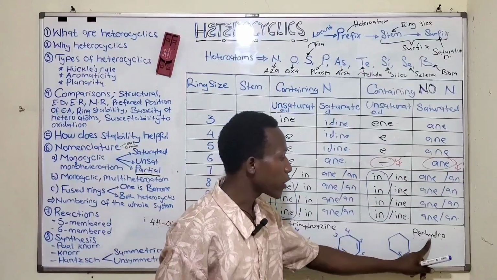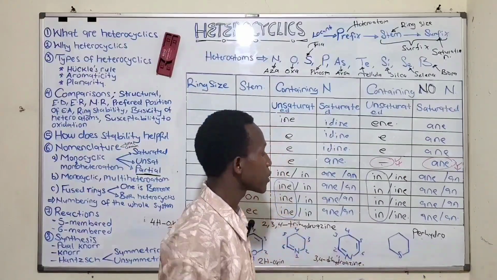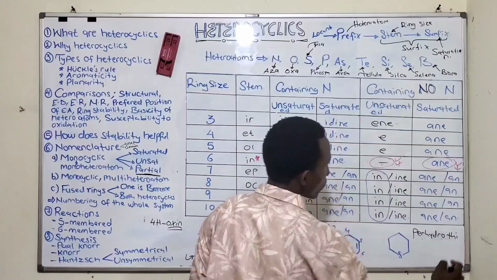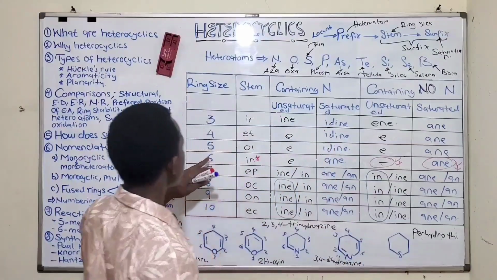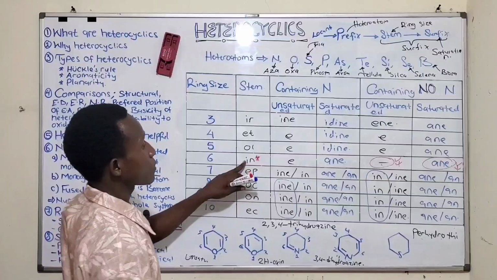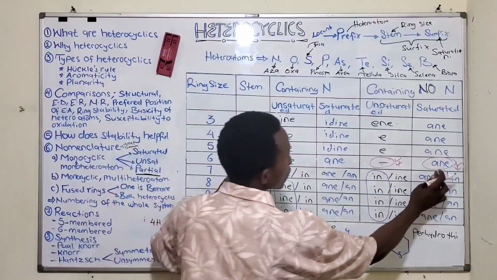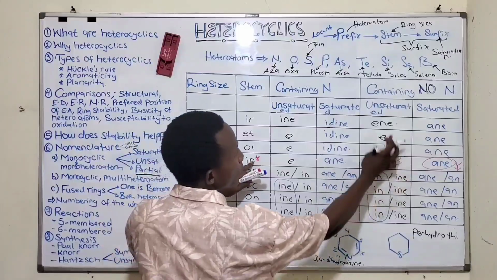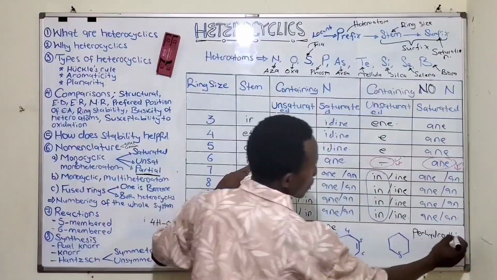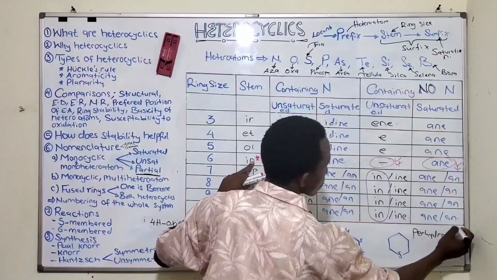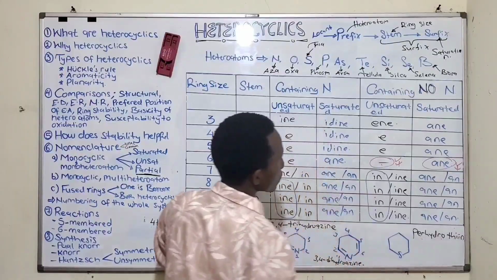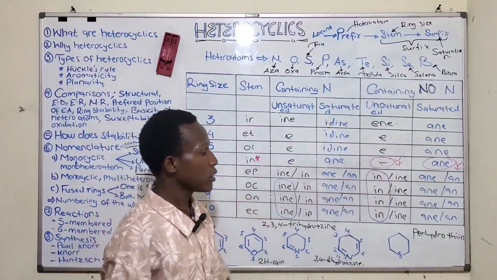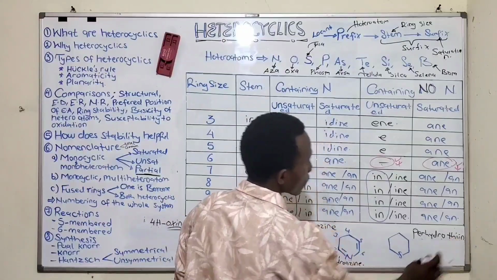So for this case, it will be perhydro, thi, and it is 6-membered. We put this because we are using the unsaturated name. So thiene, and we don't put E. So it is perhydrothiene.